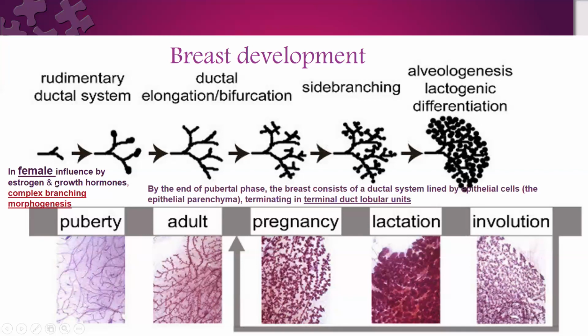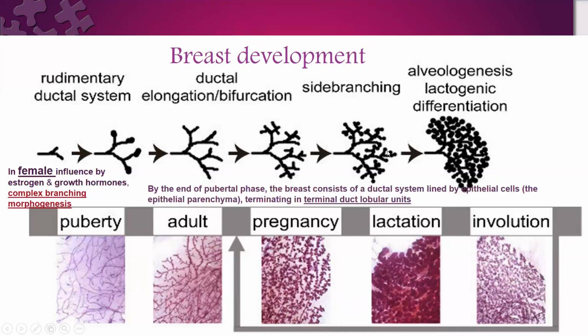Due to these hormones, a complex branching morphogenesis starts to develop. At the beginning, the ductal system was just simple, but after stimulation by these hormones, side branches, elongations, and bifurcations start to develop.